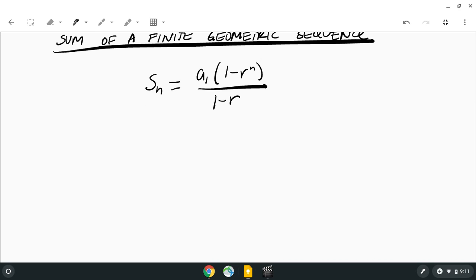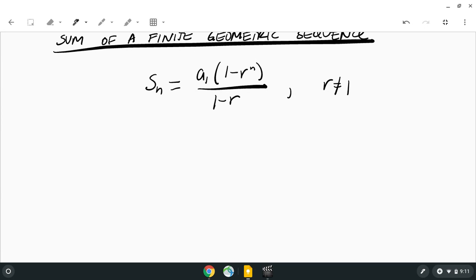Here your common ratio cannot be 1, because then we get undefined. So this is a formula you'll need to know for the test.